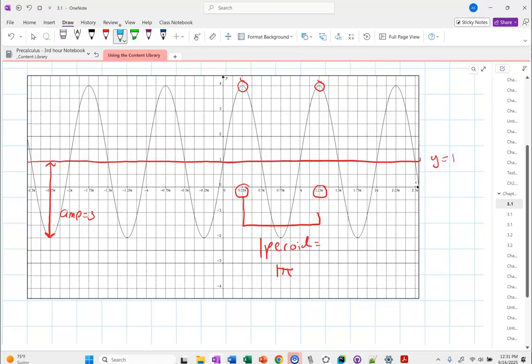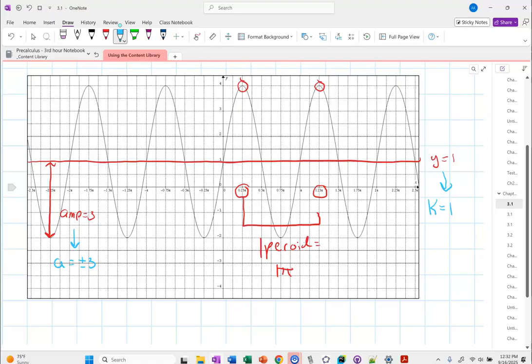Now, what can I say about the values for A, C, and K from the information that I found? A is 3, or -3, right? Because I took the absolute value of A to get 3. The amplitude is a distance. The A could have been 3 or -3 because we take the absolute value of it.